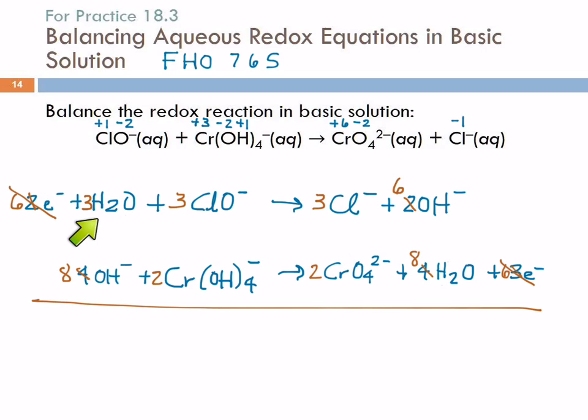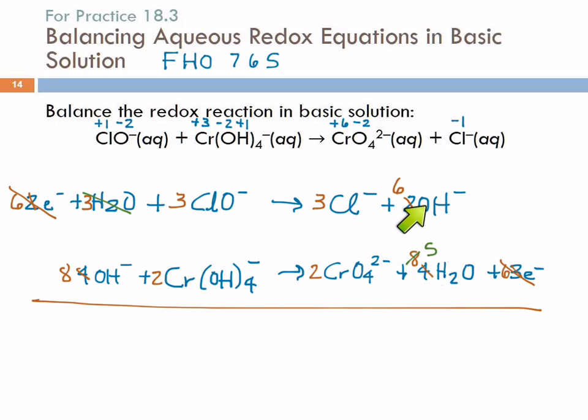I've got 3 water molecules here, and I've got 4 over there. So 3 of them are going to cancel out. So if I cancel out 3 of the 8, let me throw another color in here. That's going to leave this with a 5 and none on that side.